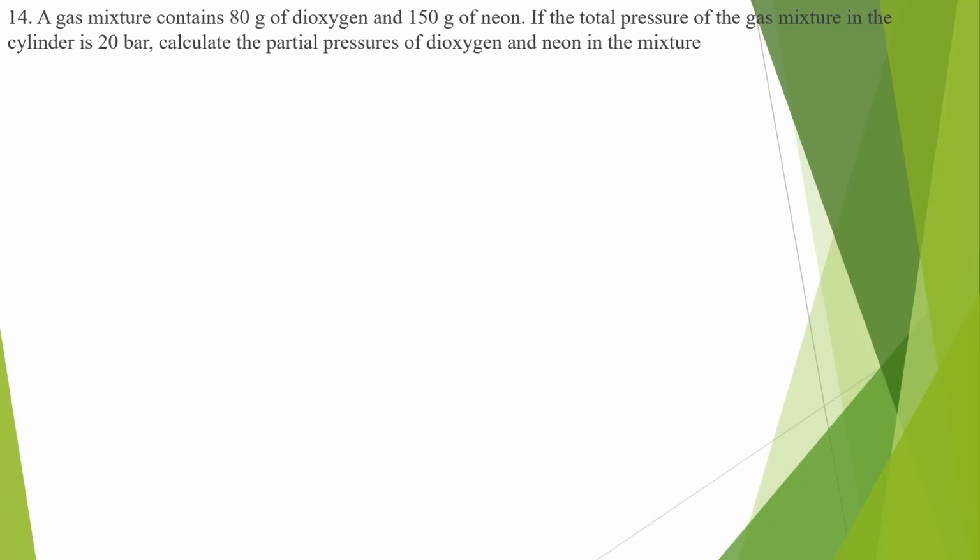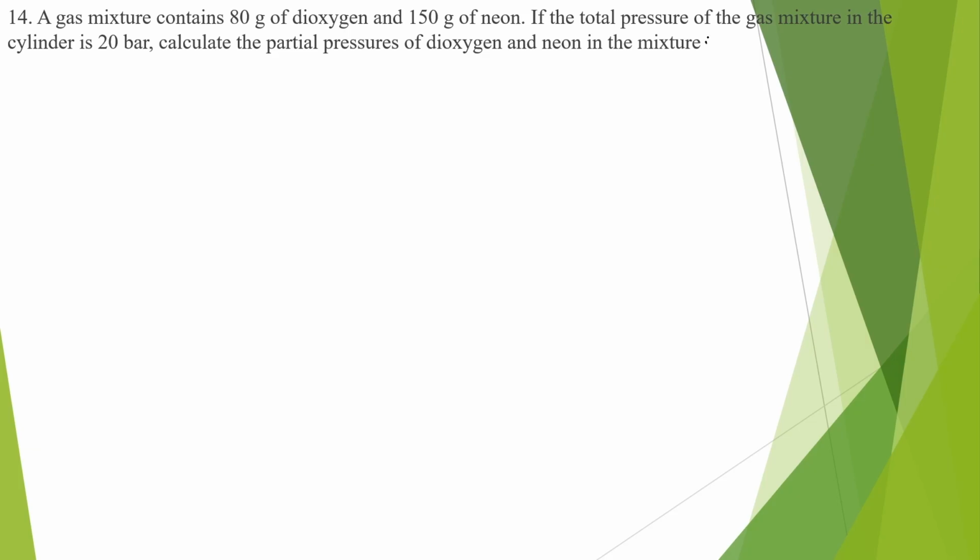It says a gas mixture contains 80 gram of dioxygen and 150 gram of neon. If the total pressure of the gas mixture in the cylinder is 20 bar, calculate the partial pressure of dioxygen and neon in the mixture.